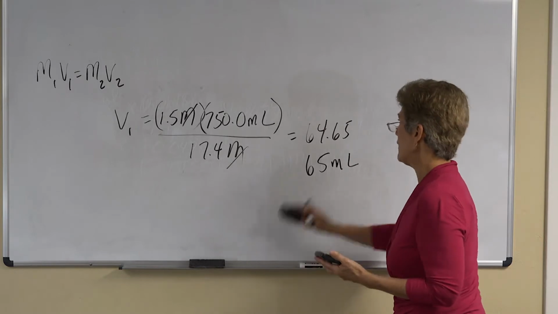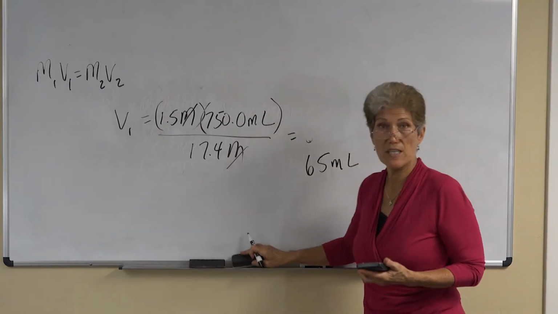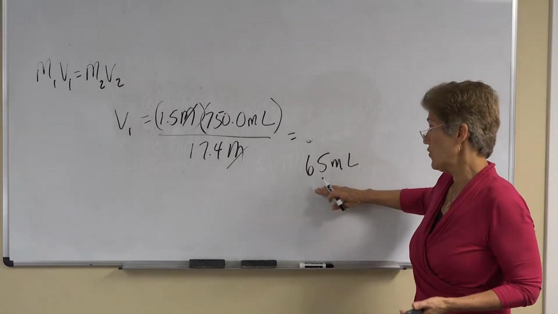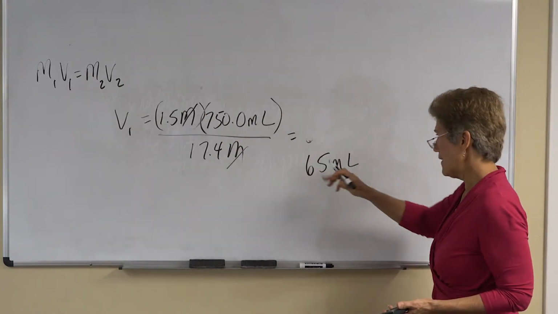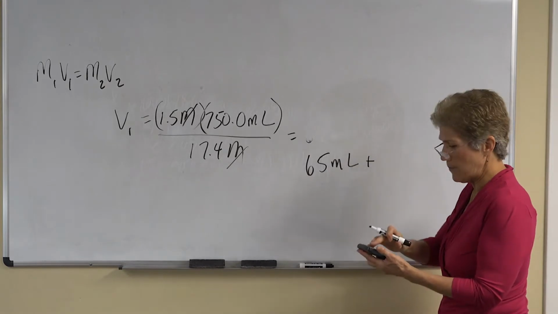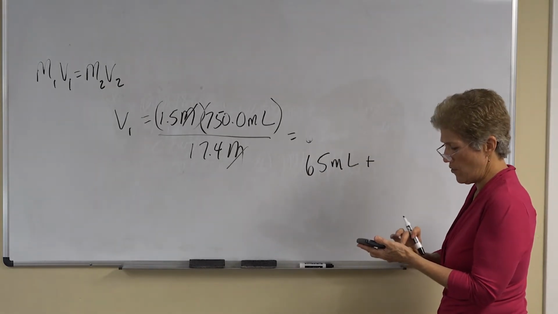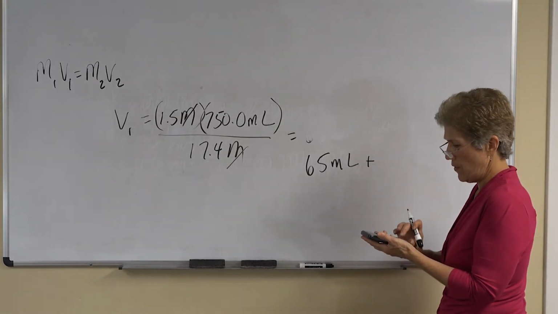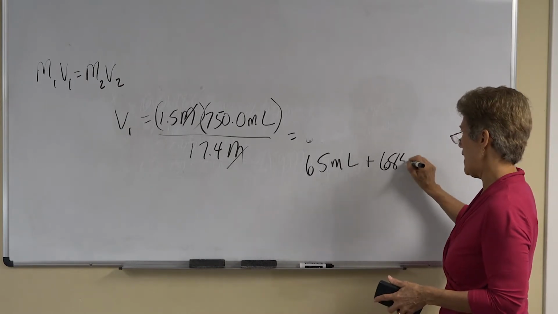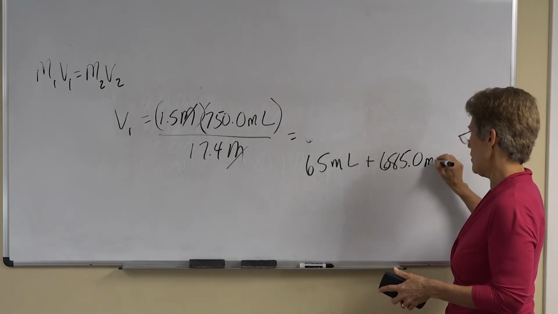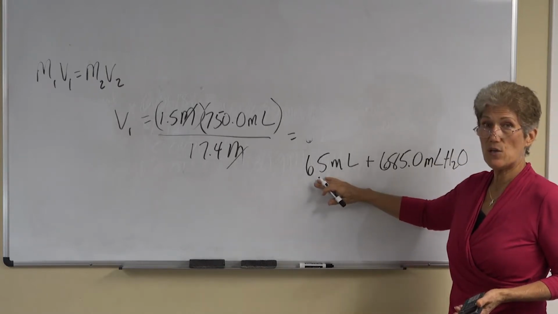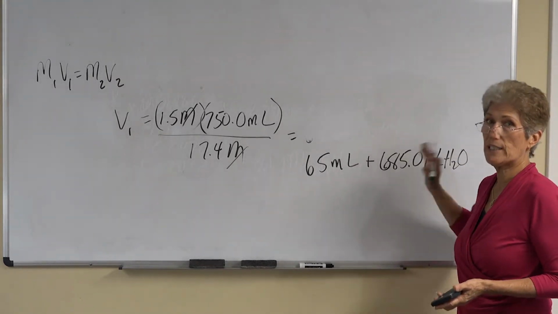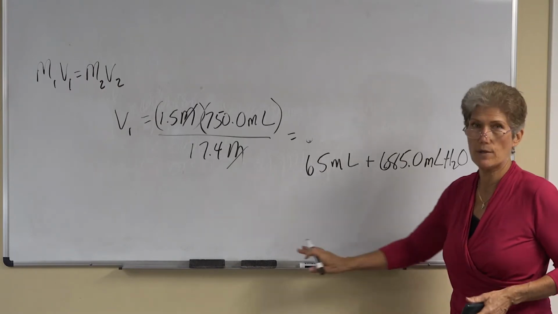I don't have to convert this to liters because it'll just give me an answer in milliliters. So my answer is 65 milliliters of the concentrated acid plus whatever I need to get up to 750. So I'm going to go 750 minus 65 plus 685.0 mils of water. Or you could just say 65 mils and then add water until it gets to 750 mils. You are welcome to do that.